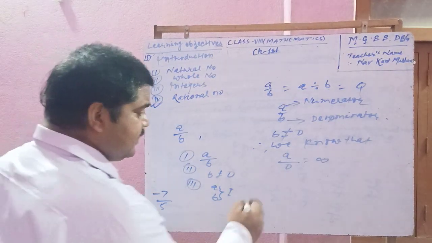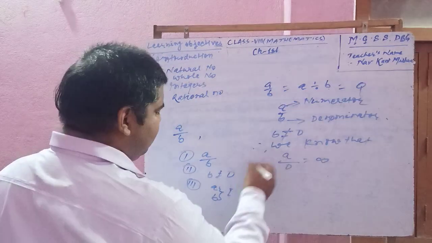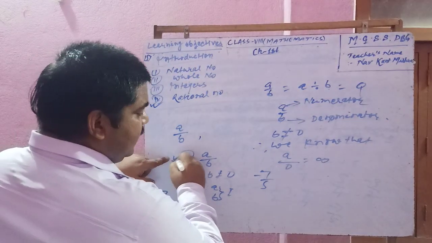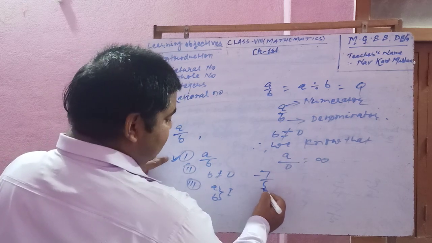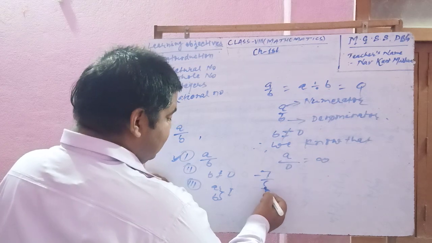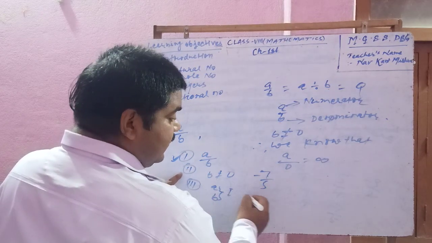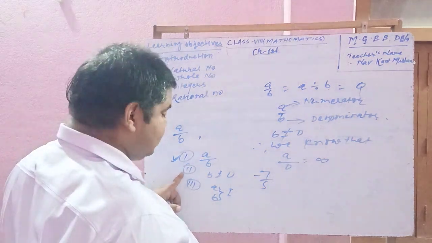And here you can see in this case minus 7 upon 5, it is in the form of a upon b, because here a is equal to minus 7, b is equal to 5. Numerator is minus 7, denominator is 5, and b does not equal 0. 5 is greater than 0, it cannot be equal to 0.